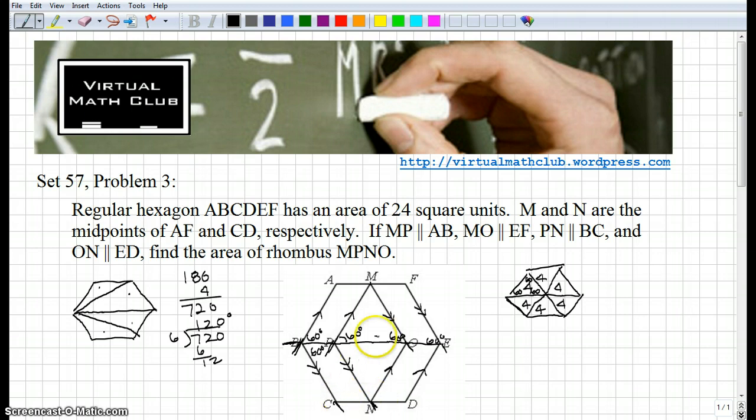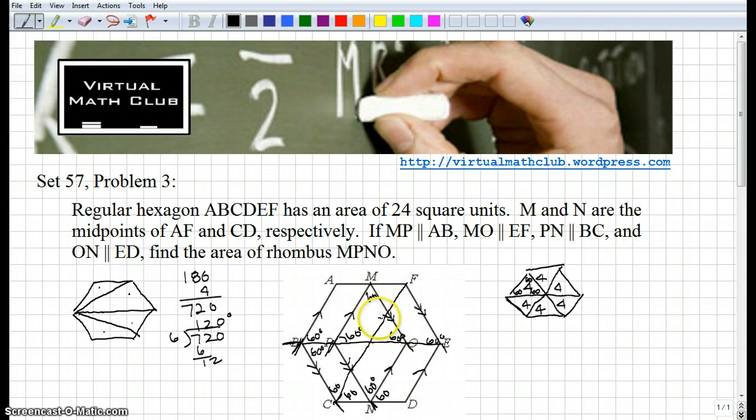Actually, I could draw another diagonal across here, which would divide it into 2 halves again. This would be 60, and this would be 60, and this would be 60 also, and this would be 60, okay? So you can see that what we've got here in the middle is another equilateral triangle.